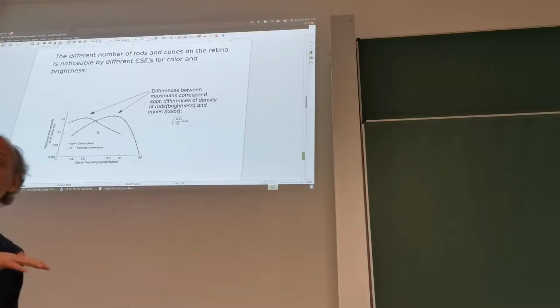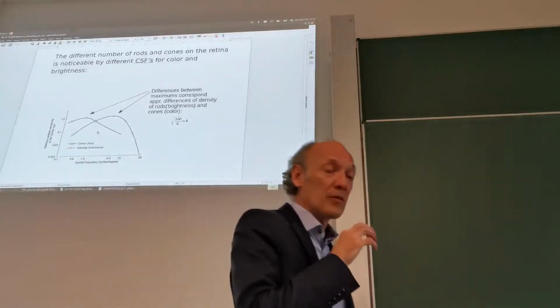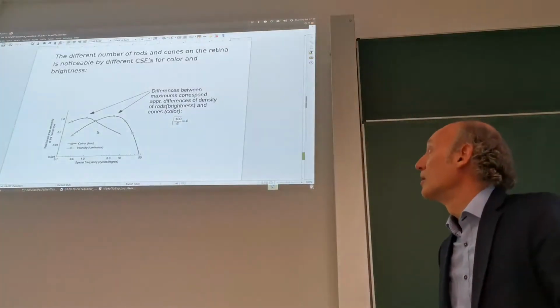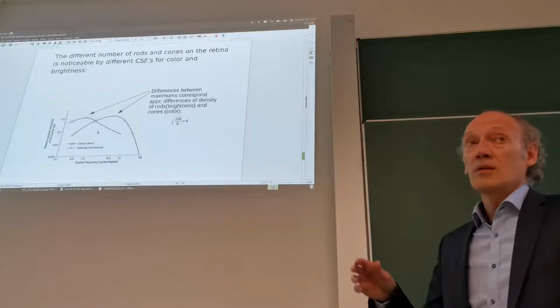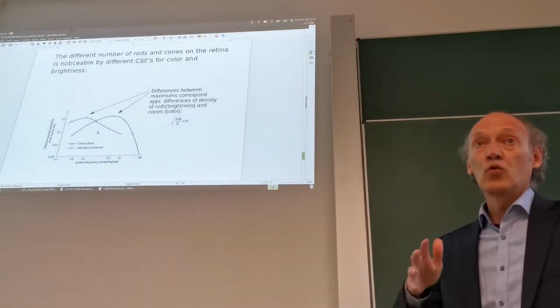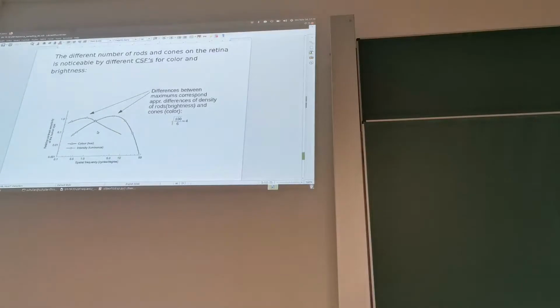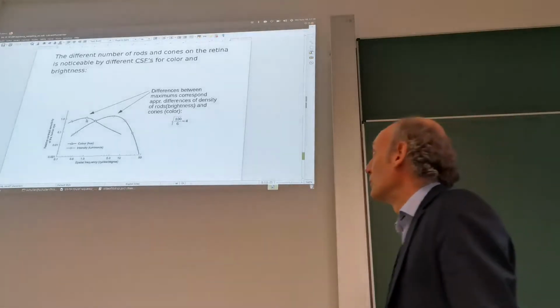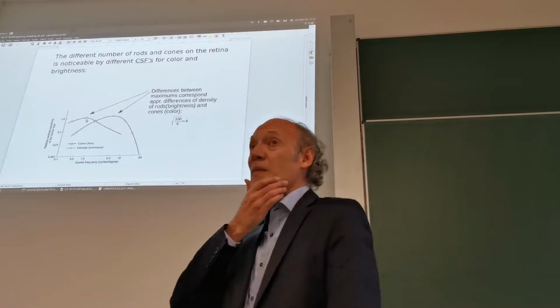Right? So the density along 1 dimension is roughly a factor of 4 between the rods and the cones. And this is also what you roughly observe here. Here you have a maximum at roughly 4 periods per degree, and for the cones, the color, you have about, I don't know, a little bit less than 1. So it's actually a little bit more than a factor of 4. Right? Make sense?